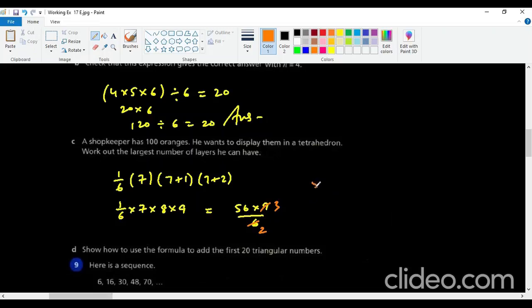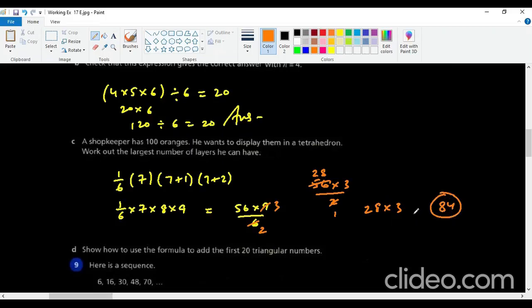That means we have 56 times 3 divided by 2. And if we further reduce this by 2, 2 times 1 is 2, and 2 times 2 is 4, 2 times 8 is 16. That means 28 times 3, 3 times 8 is 24, 6, 7, 84.